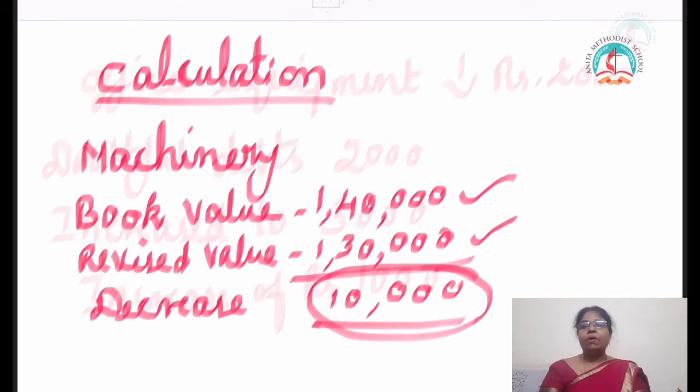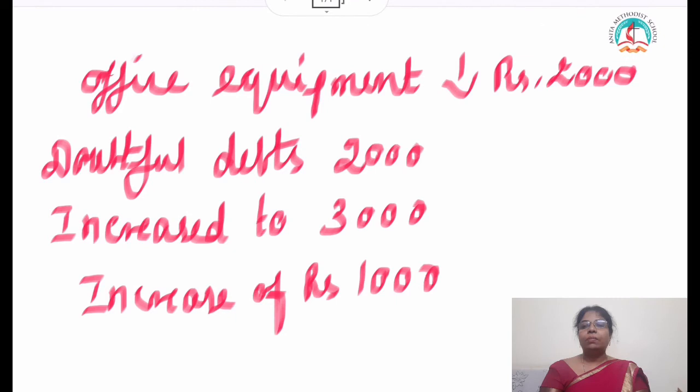And the value of office equipment is brought down by rupees 2,000. So there is a decrease in the value of an asset. So it should be revaluation account debit to office equipment 2,000. And provision for doubtful debts should be increased to rupees 3,000. So the provision for doubtful debts is already 2,000.